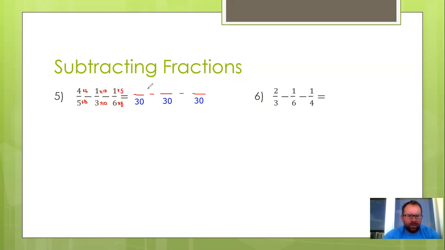All right, so now with this case, what we're going to do is we're going to have 4 times 6 is 24. We're going to have 10 times 1 is 10. And we're going to have 5 times 1 is 5. All right, so now we're going to have 24 minus 10, which would be 14, minus 5, which is going to be 9.